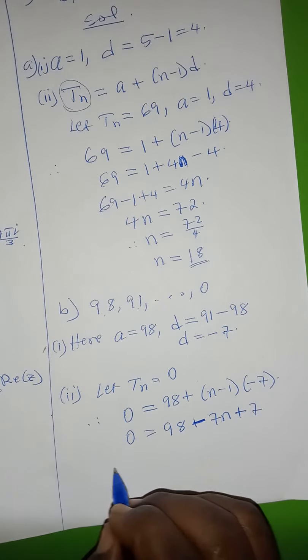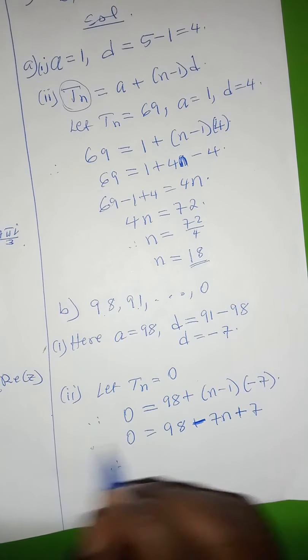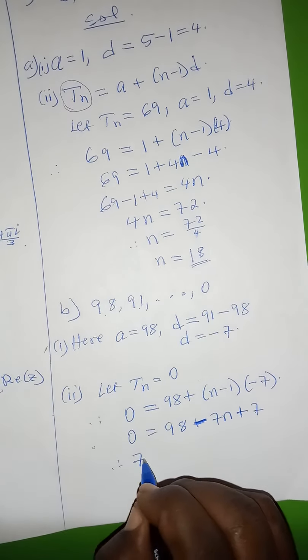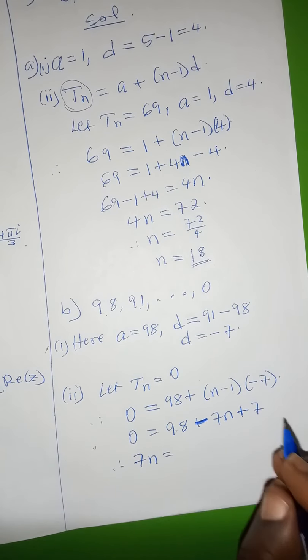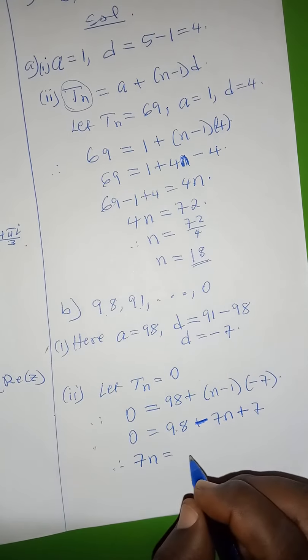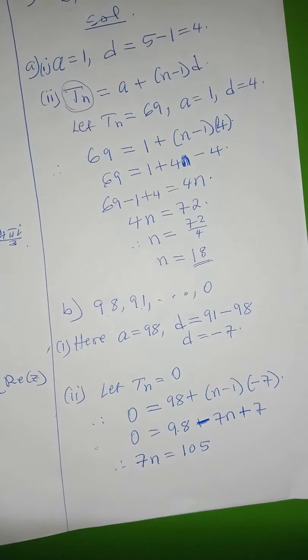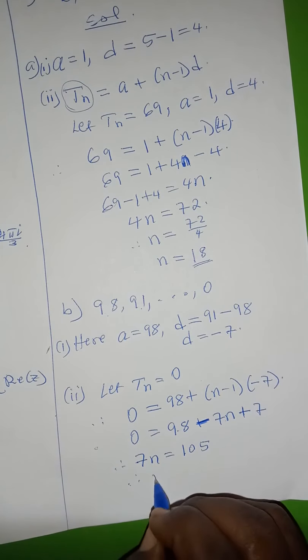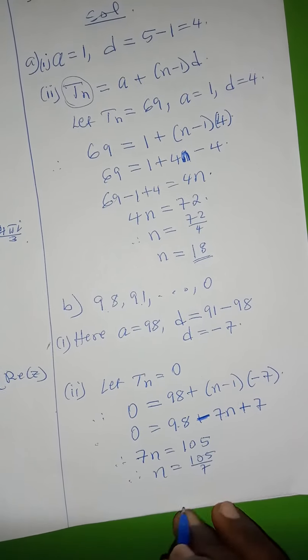So that means I can move this minus 7n to the left hand side to give me 7n is equal to 98 plus 7. 98 plus 7 is 105. Okay, so therefore n is equal to 105 divided by 7. Divide both sides by 7.